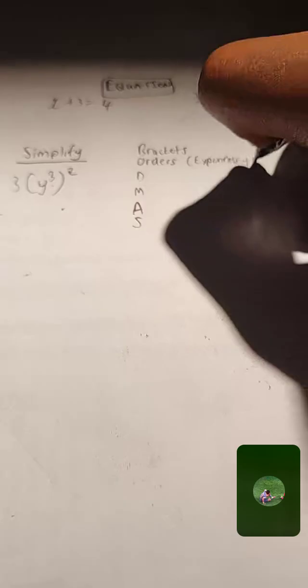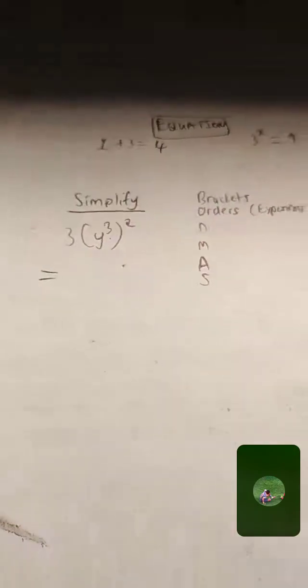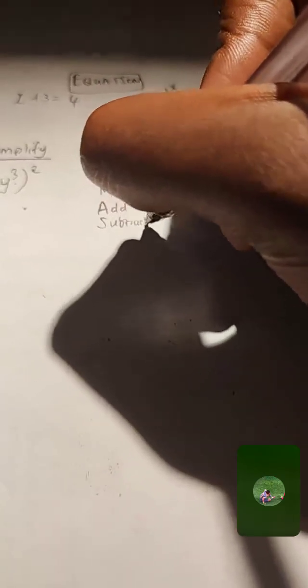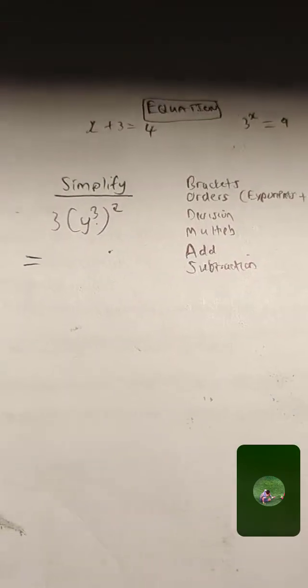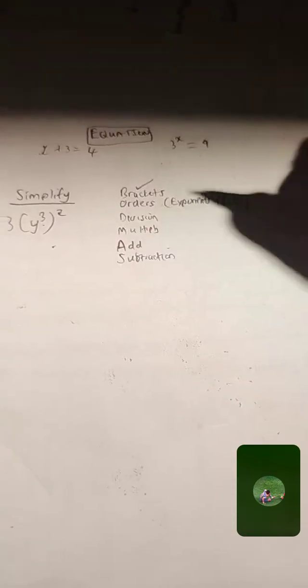O is orders, which means exponents and roots. Do we have exponents here? Yes. D means division, M means multiply, A means add, S means subtraction. So when you simplify this problem, you need to think of BODMAS.